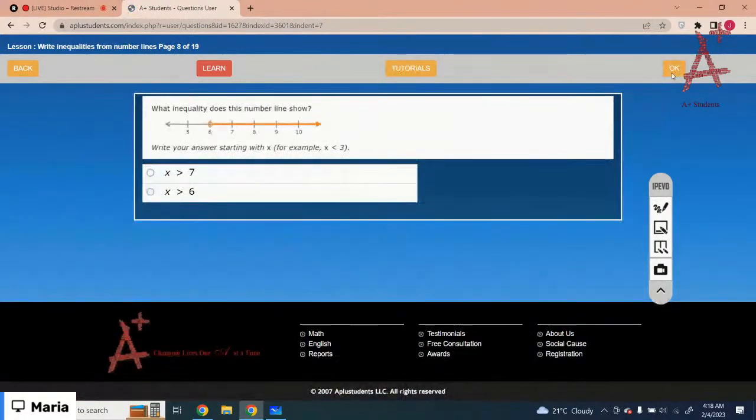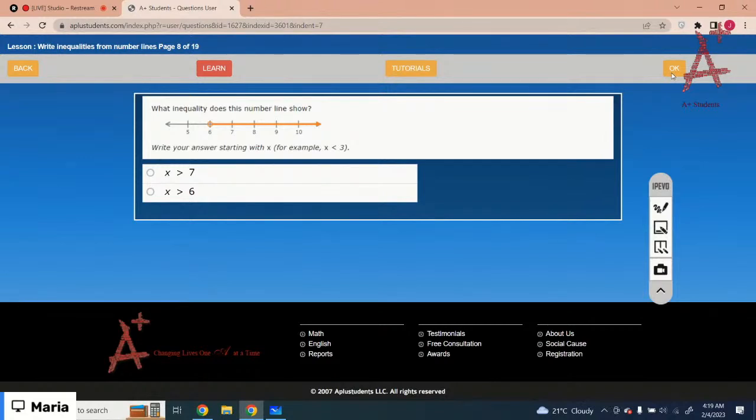Okay, the next one is what inequality does the number line show? So which is the correct option? We have an open circle at 6. That means x cannot be equal to 6. And also the graph is pointing at the right hand side. That means all the values must be greater than 6.